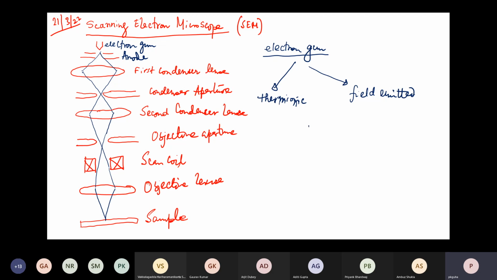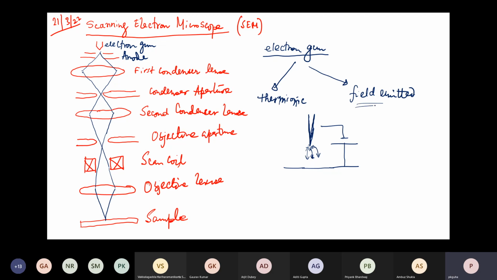If I have a very sharp tip, and I apply voltage, say I'm just making a schematic drawing, between this electron gun and this anode, then the electric field at the tip of this gun will be very high, and that electric field might be good enough to bring out electrons.